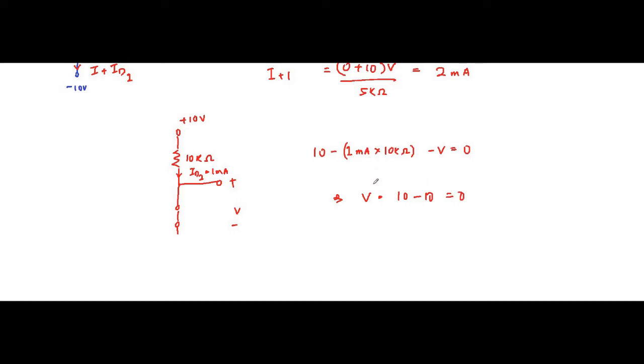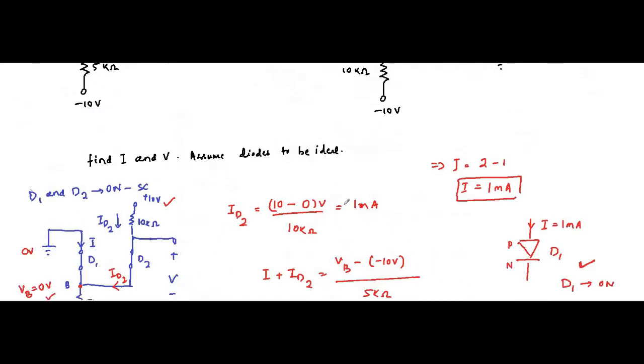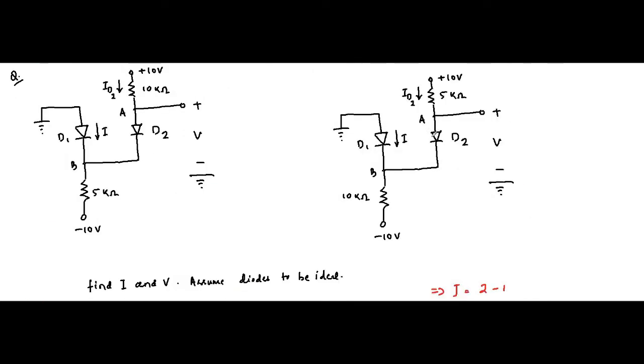So V is equal to 0 for this case. So for the first case, I is equal to 1 milliampere and V is equal to 0 volt. Then we have the second case.